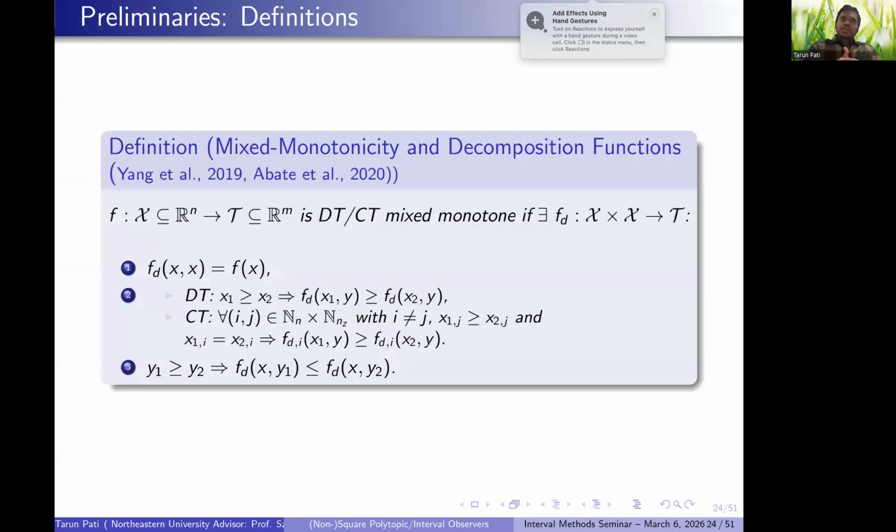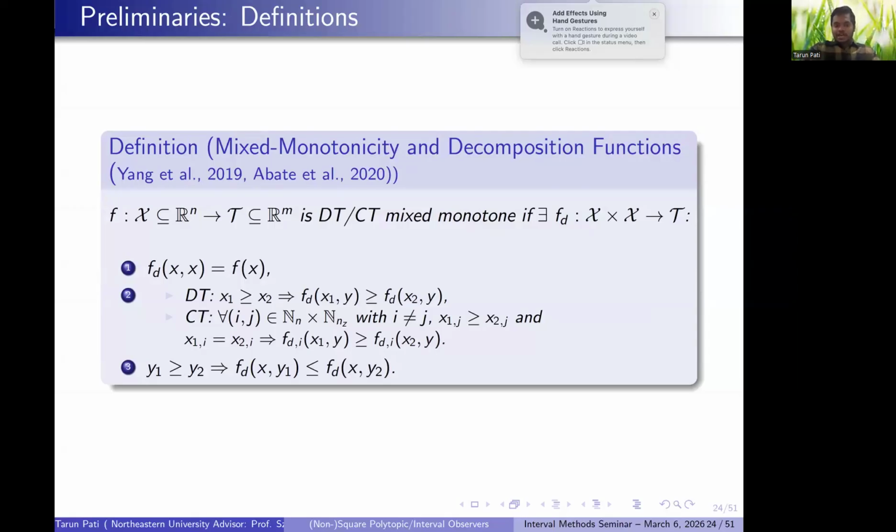So to begin with, I want to introduce certain key definitions that we use throughout this work. The first one being that of mixed monotonicity and decomposition function. A function f is mixed monotone if a corresponding decomposition function f delta or fd exists, such that fd is a function of twice the number of dimensions of f with three conditions.